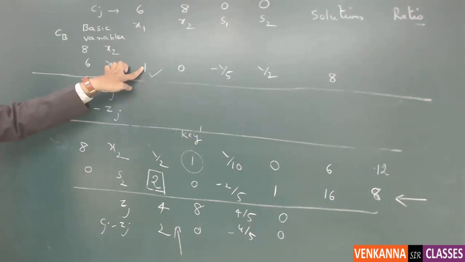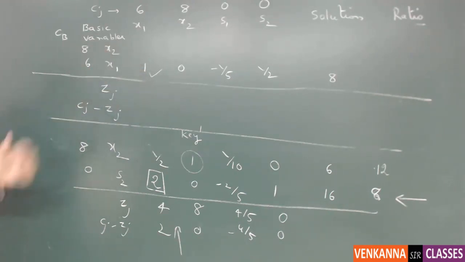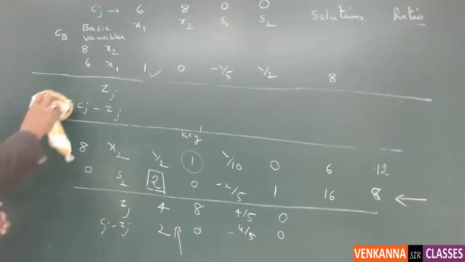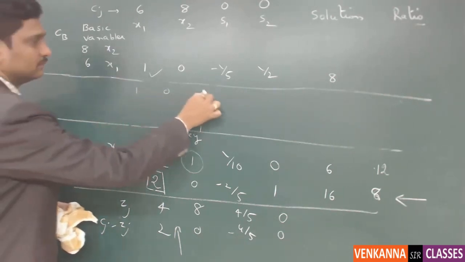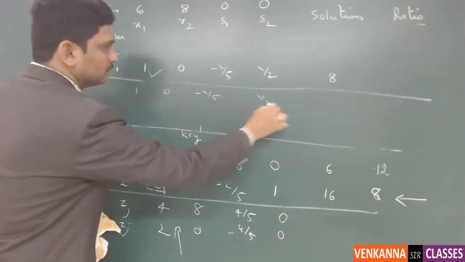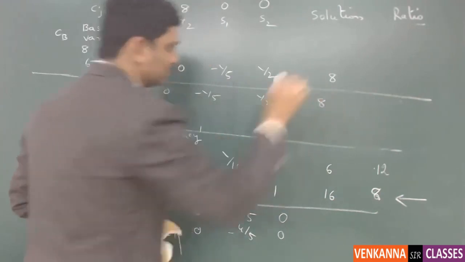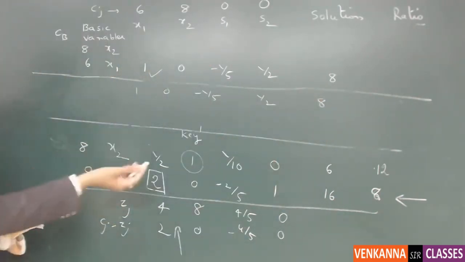How do I need to perform the operation? So let me write the things. If you have a little doubt here, I will make space. So this is the row which I got.